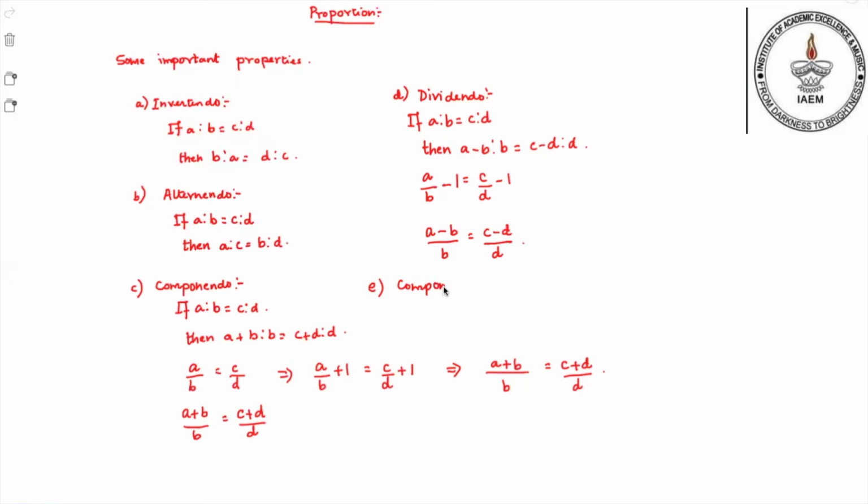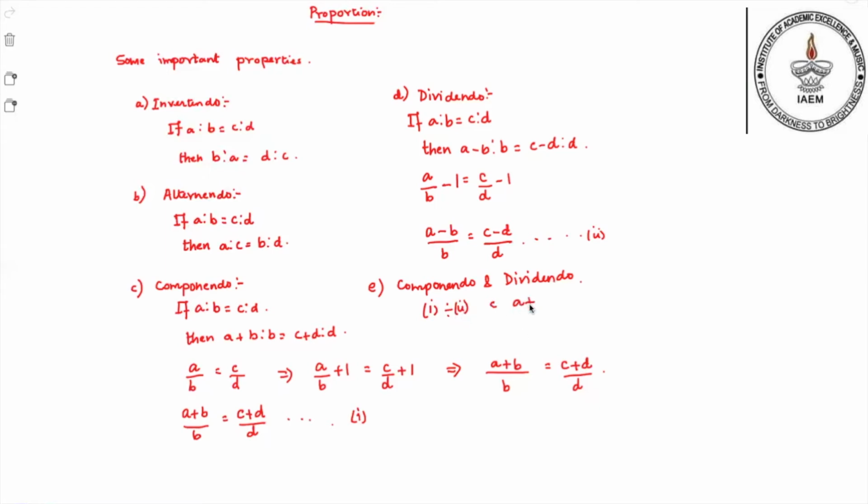The last and the most used property, which is a combination of componendo and dividendo, we call it componendo and dividendo. The terms which we are getting in componendo, we divide by the terms which we get in dividendo. If this is considered as equation 1 and this is equation 2, when we divide equation 1 by equation 2, we get componendo and dividendo.